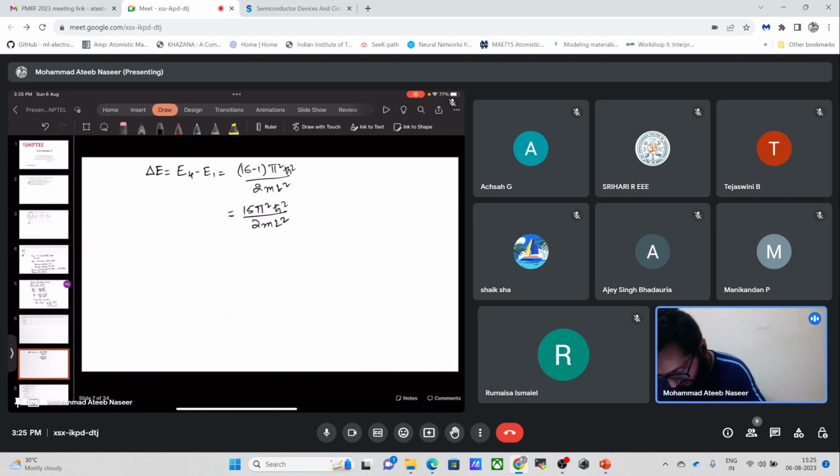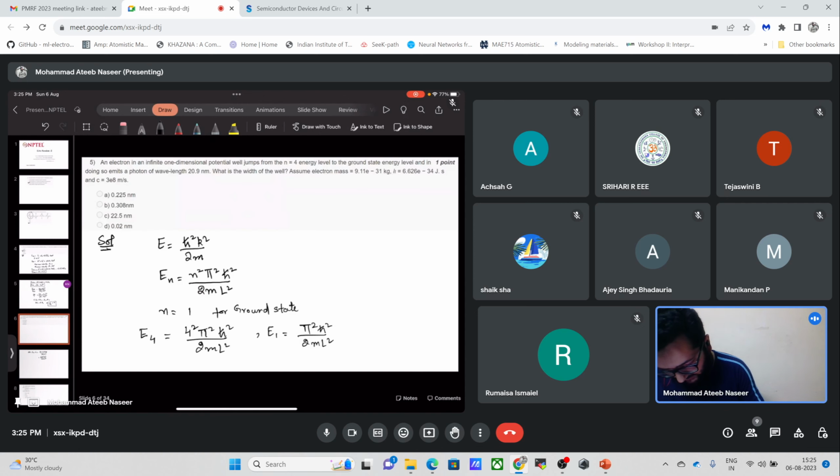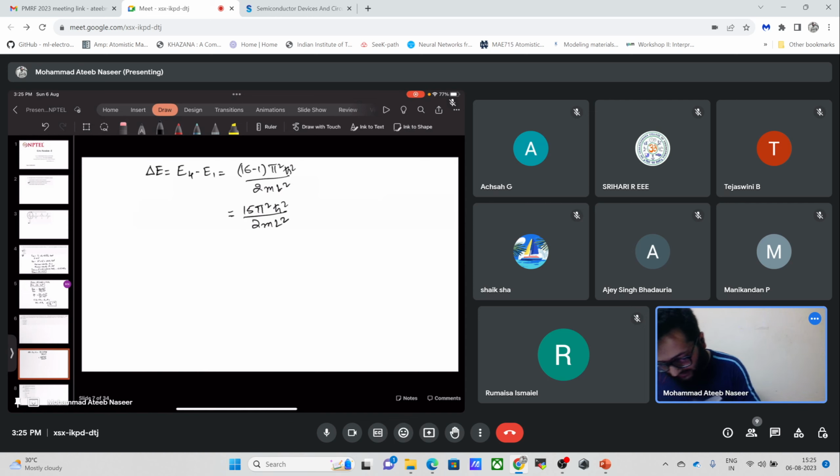This energy value we have obtained would be simply equal to the photonic energy that is being emitted. We know this energy is simply given by E equal to h nu, where nu is the frequency.